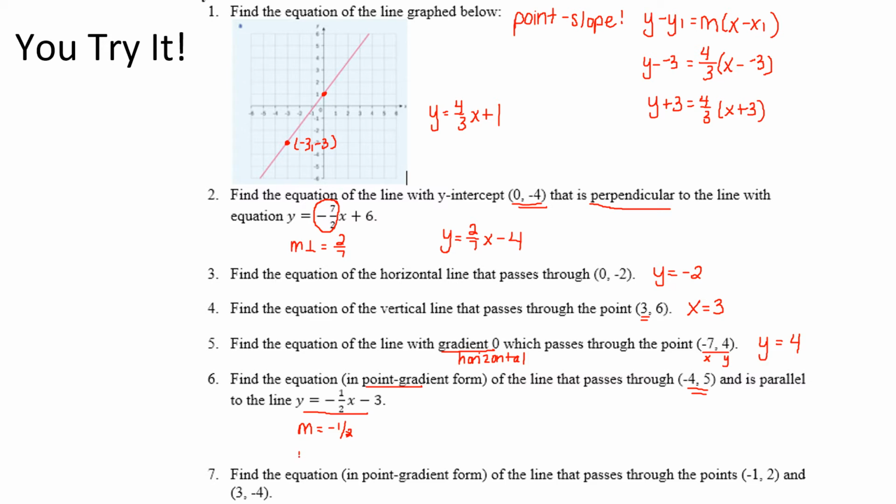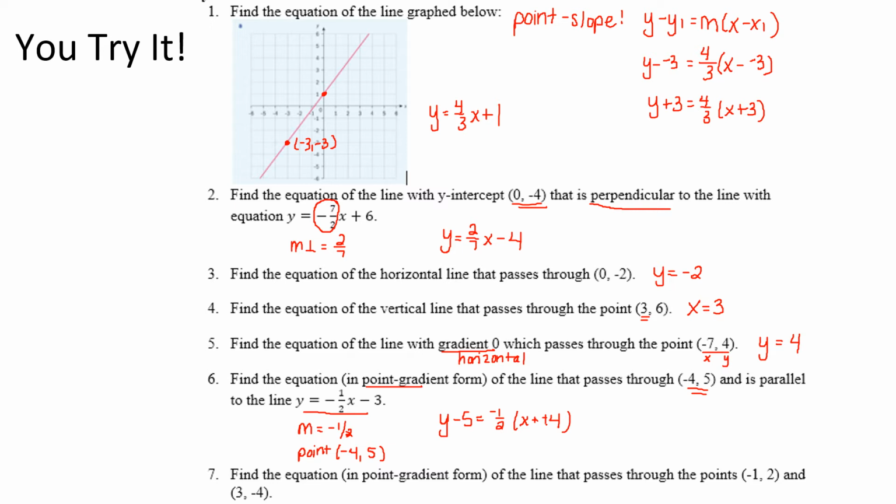And we have our point at (-4, 5). So we go y - y1 = m(x - x1), and we can just leave our answer like that.